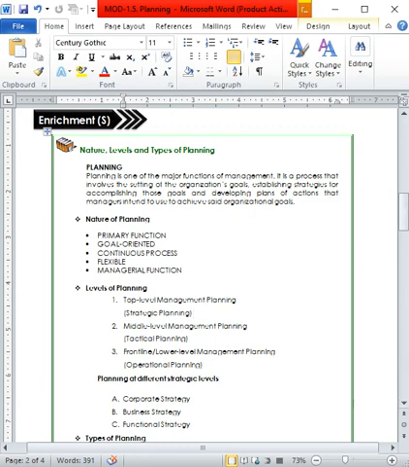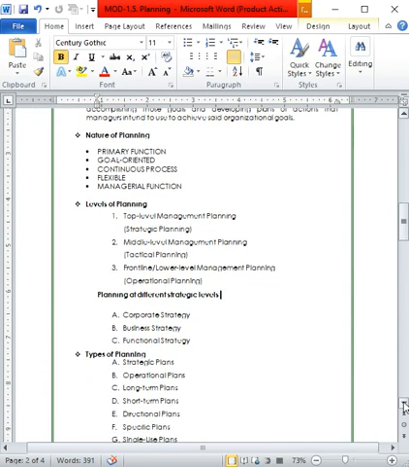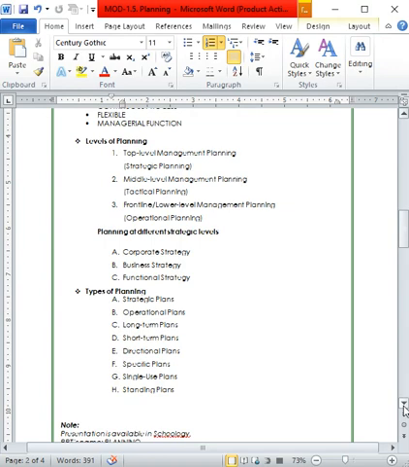We also have planning at different strategic levels, but for this, you could watch the videos about the three strategic levels, the corporate, business, and functional, in the videos folder. It's already uploaded. And for the types of planning, we have strategic, operational, long-term, short-term, directional, specific, single-use, and standing.